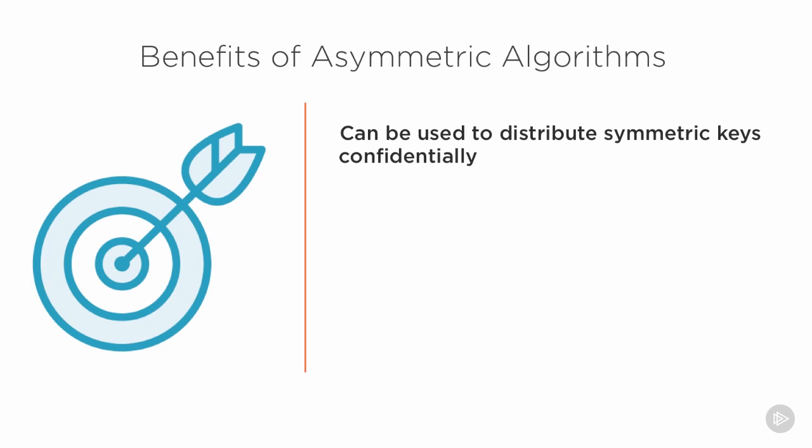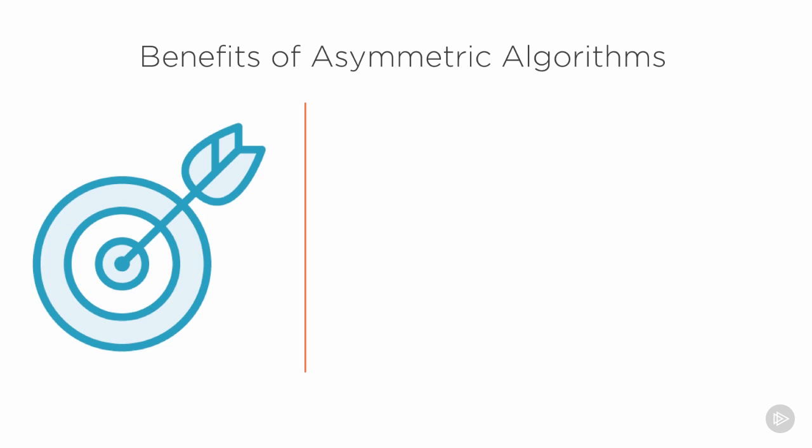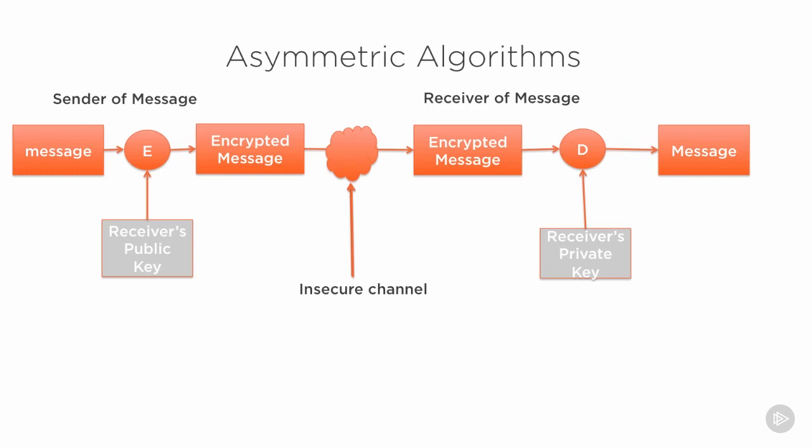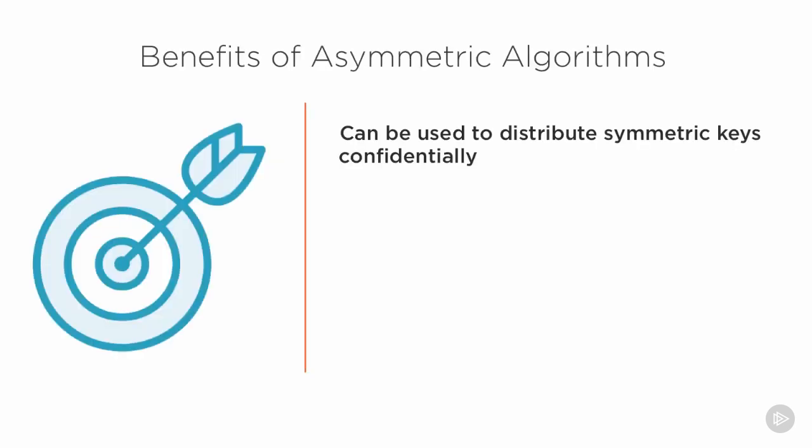You could encrypt the message with an AES key, but then you will encrypt the AES key with the receiver's public key, as we saw here. When the receiver receives the encrypted key now, they can decrypt that AES key using their private key, which would allow them then to decrypt the encrypted message.